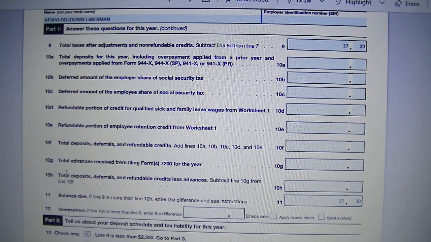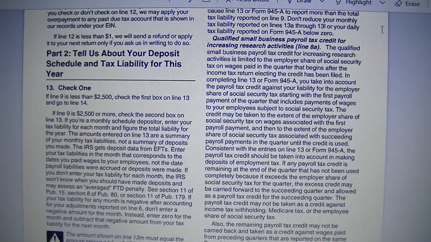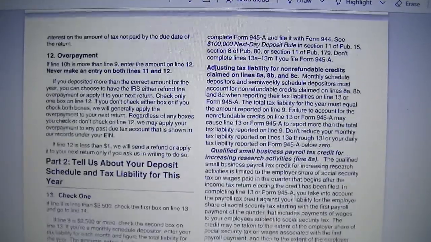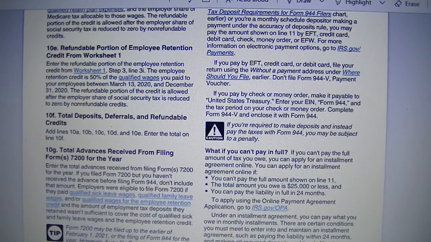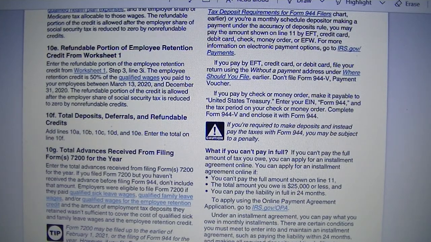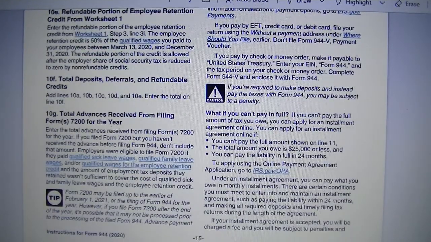10H, total deposits, deferrals and refundable credits less advances. So let's see what that 7200 form is. Total advances received. Enter the total advances received from filing Form 7200 for the year.